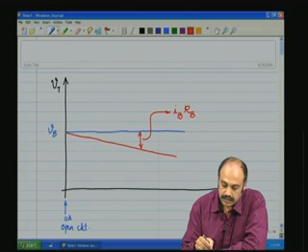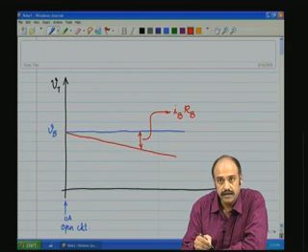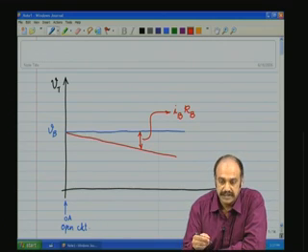So if RB is less, then such a battery is fully charged or it's a good battery. If RB is high, then such a battery is either fully discharged or in poor condition.